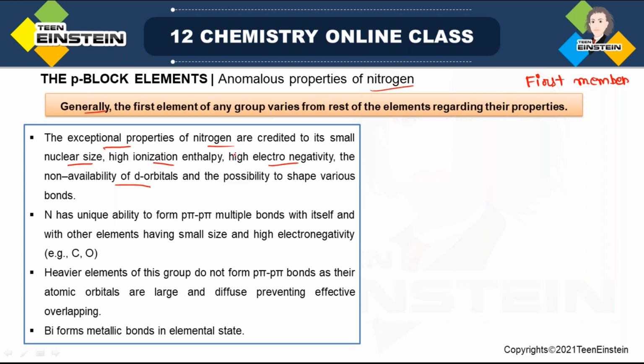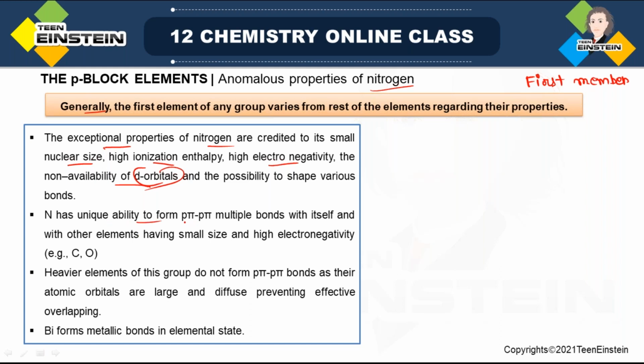So the reasons are small size, ionization enthalpy maximum, because we know down the group ionization enthalpy decreases, and electronegativity obviously maximum, because again down the group metallic nature increases, that means electronegativity will decrease. And there is no d orbital because it is from the second period, and in the second period there is no d orbital. So because of these specific reasons, it will have some properties which are different.